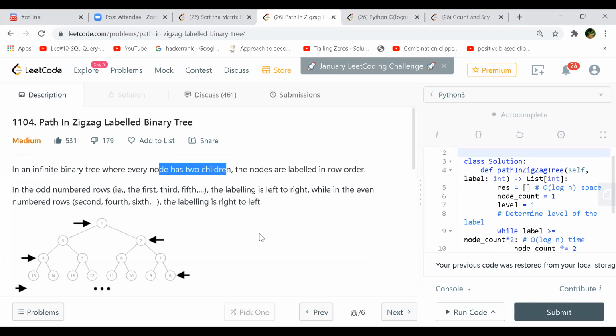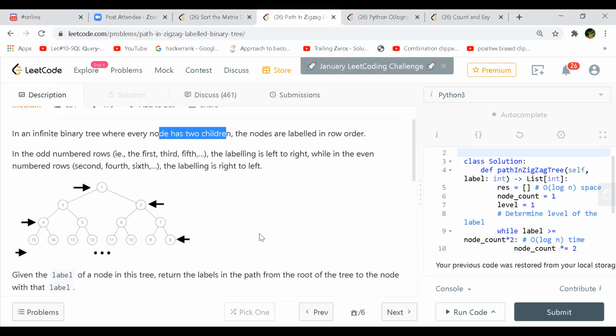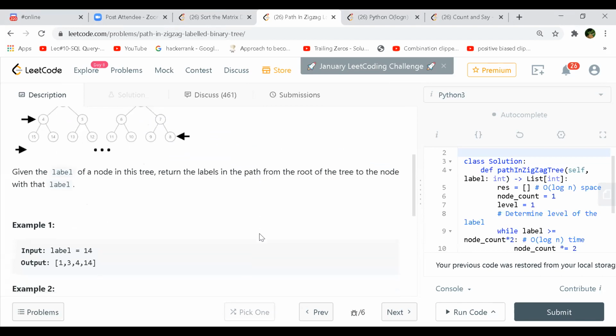But you don't implement a tree, correct? Here we have to just find the path, what all nodes are coming in that path. That's what they haven't given in the function signature; it doesn't have a tree node.